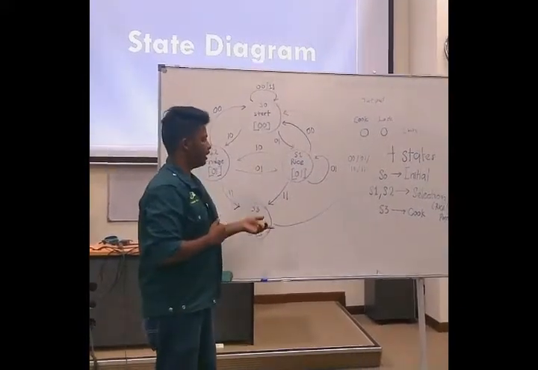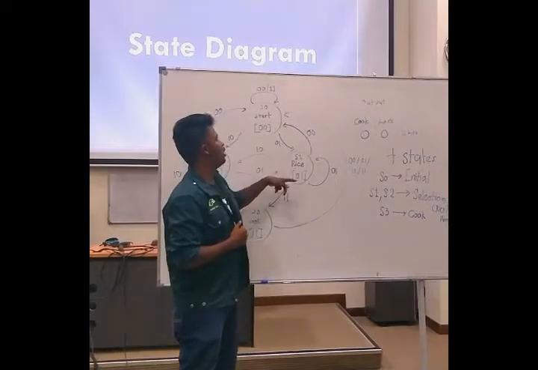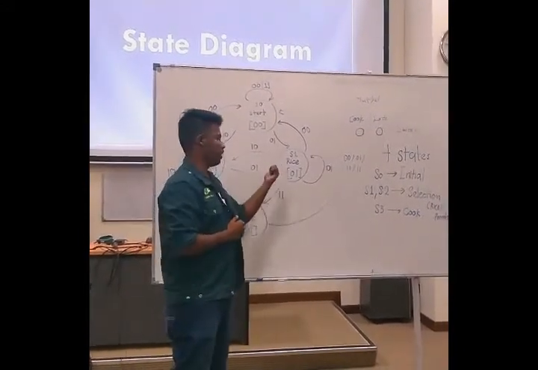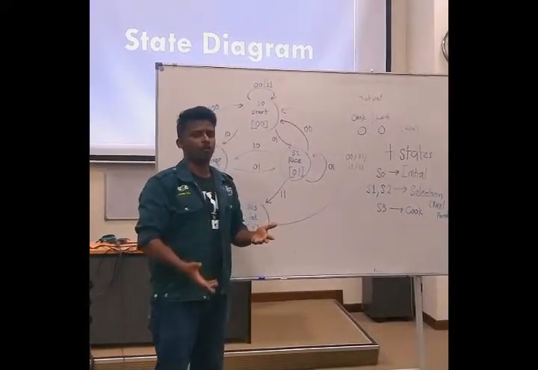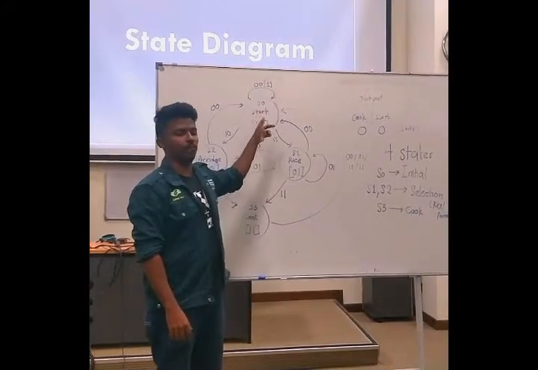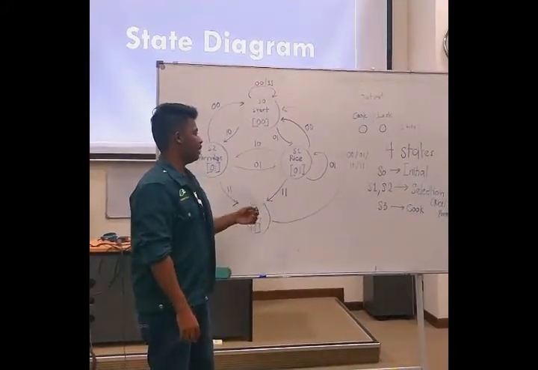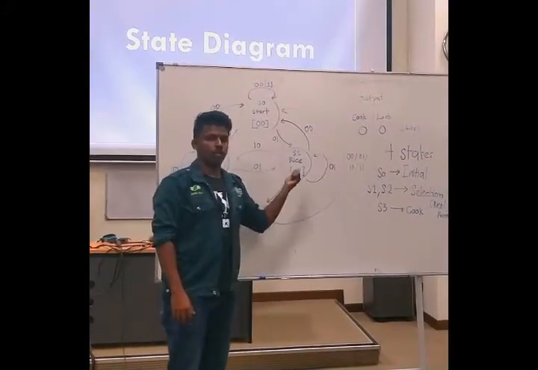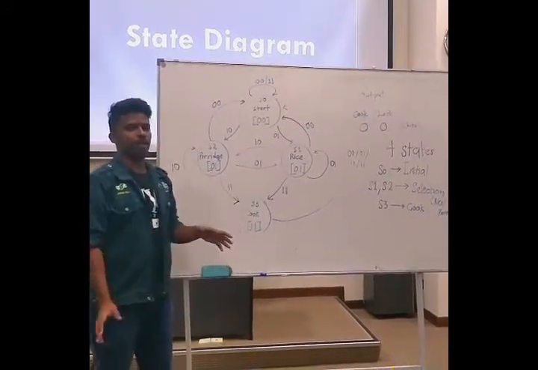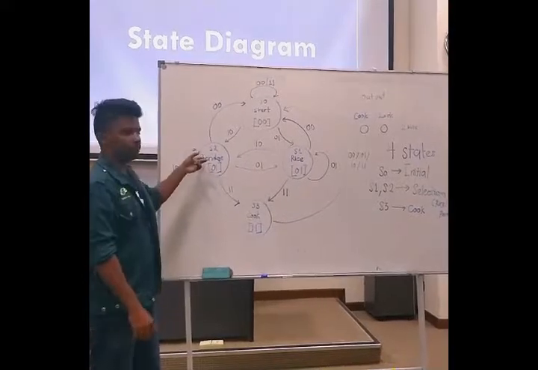Another input is 0, 0, which will go for restart. Let's say you accidentally press the rice button, or you don't want to cook, you just press 0, 0 to go back to start, where it will be idle. And if you select the rice and want to cook it, press the input 1, 1, and it will go for cooking. The same process goes for state 2, which is porridge.